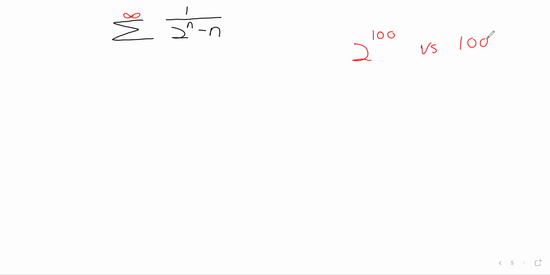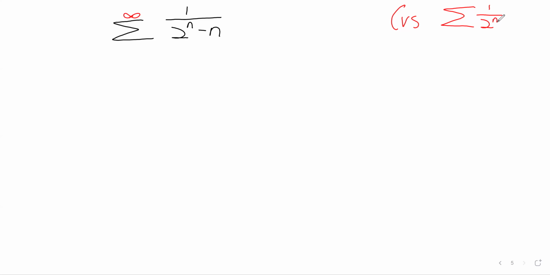That 2^n is really important. That minus n is just kind of a detail. So this looks like 1/2^n.